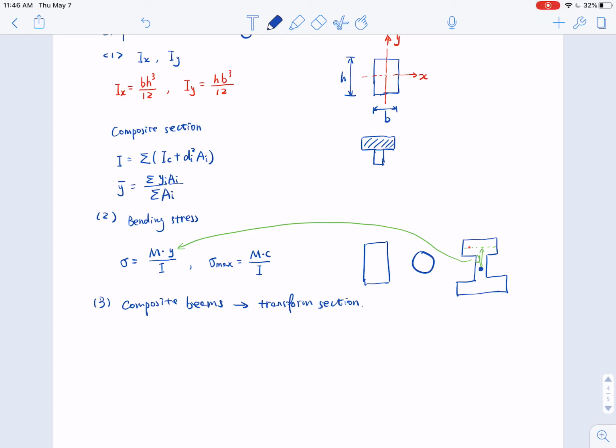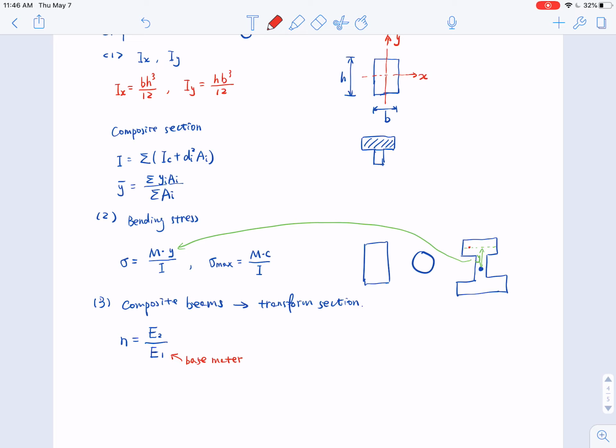So the basic equation to do the transformation will be n equals E2 over E1. We call material 1 the base material.